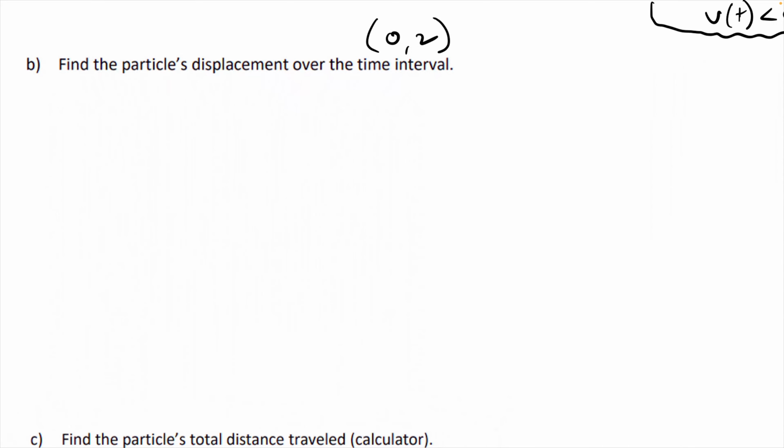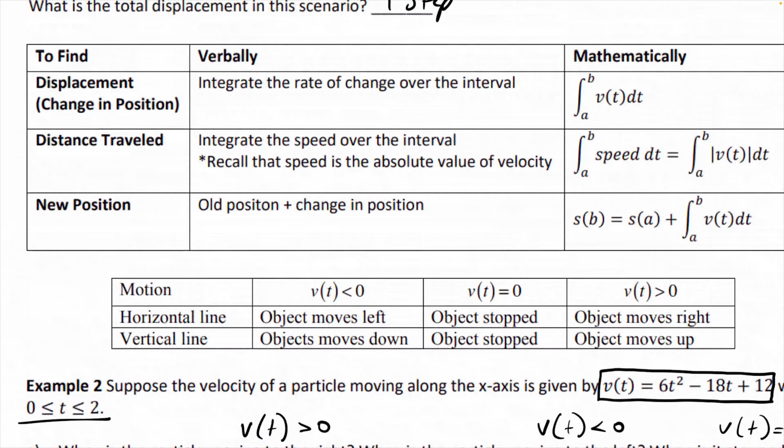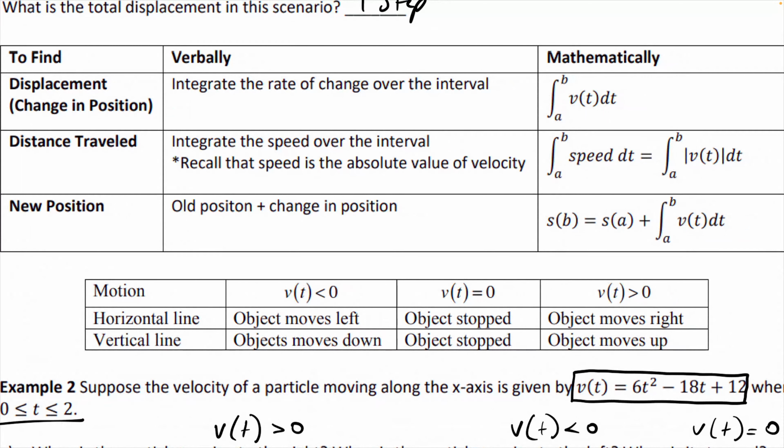So go back to the first page. We saw the word displacement, right? What did it say displacement meant? How many steps away from its starting point to its ending point? Okay? But right now I'm not talking about steps, right? So how do I find displacement? What do I need to do? Find the antiderivative from A to B for velocity.